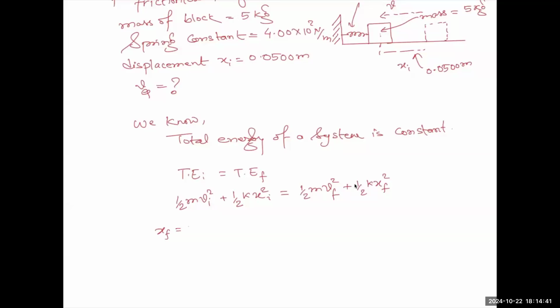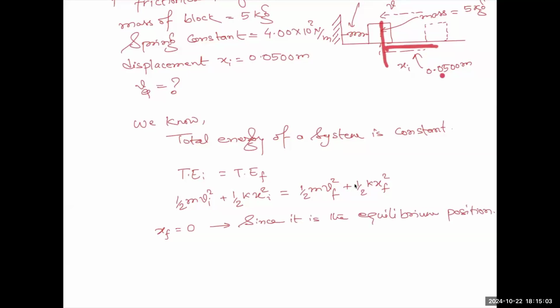x will be 0. Why? Since it is the equilibrium position, right? Because we measured our displacement with respect to the equilibrium position.